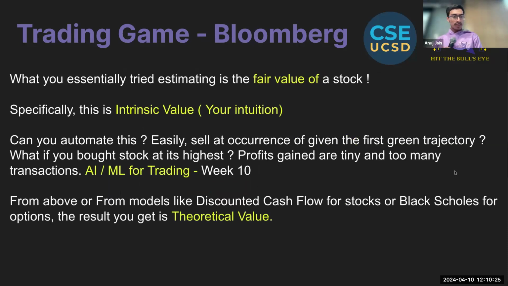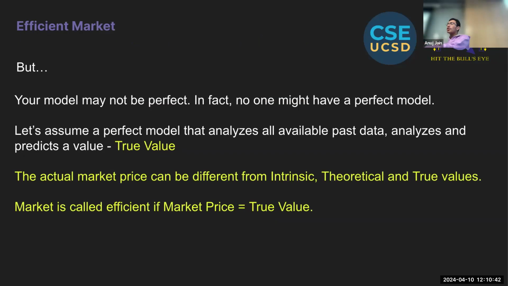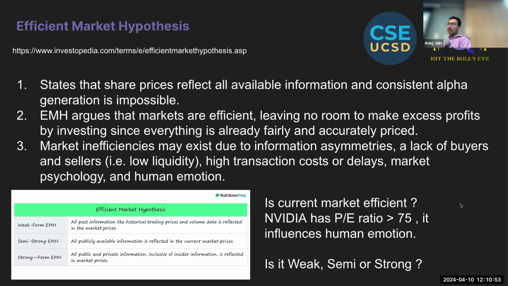Then I think we talked about fair value of stock. The one you think is a fair value of stock is the intrinsic value. The models that you build give a value that's the theoretical one, and your model may not be very good. So an ideal model would give a true value, and if the market price becomes the true value, that's the efficient market hypothesis, which generally says that alpha generation is impossible.